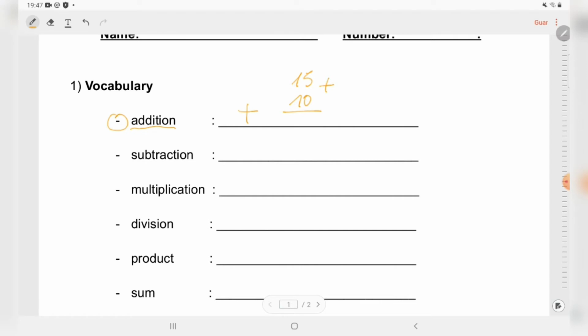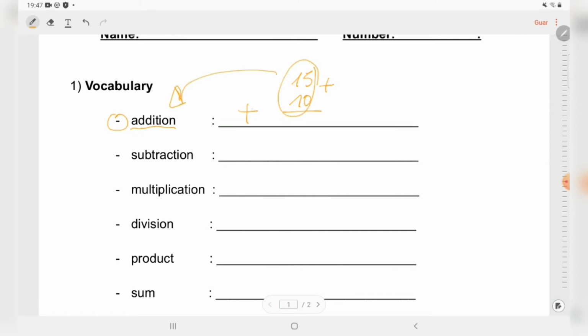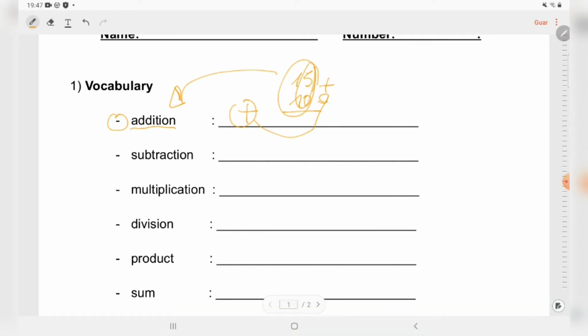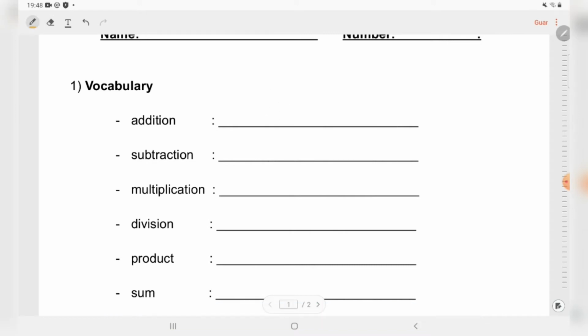This is an addition, and we know because we are using this symbol, and we know that we have to add each number in its position. So what I want you to do is to write the meaning of this word in Thai language over here, in this case addition. You can write there.